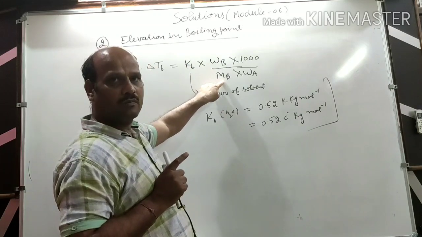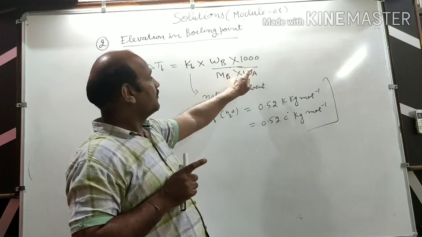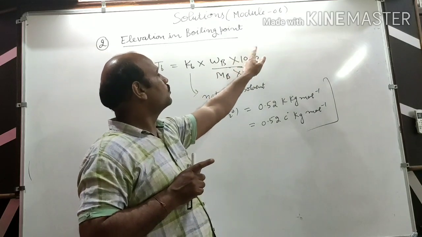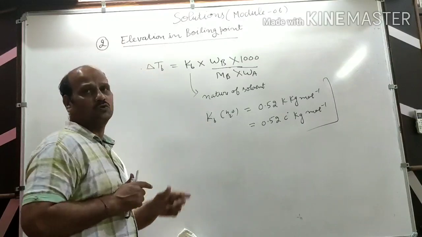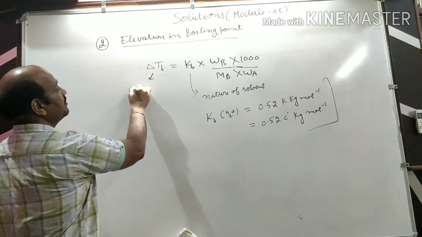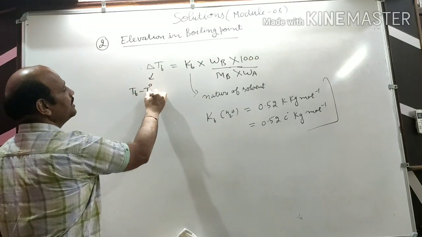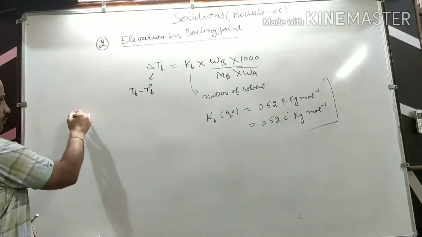MB is the molar mass, gram per mole. WA you are to take in gram. If kg is given, then there is no need to multiply by 1000. And delta TB is the elevation in boiling point, that is the difference TB minus T naught B.